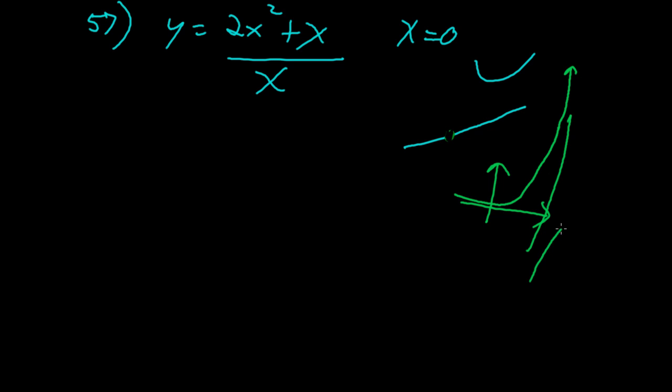And then it might come down from the bottom from negative infinity. It will get really close, but it'll never touch it because that's the asymptote.